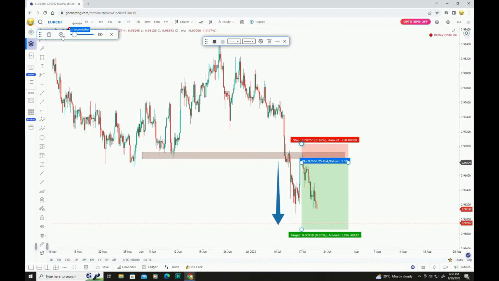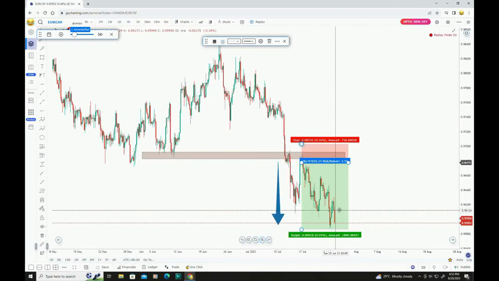Still playing around, because this pair is not that volatile sometimes. See, kind of scary now. It's retracing all the way back to our entry. Still consolidating, still fine, still not hit our TP. See here.